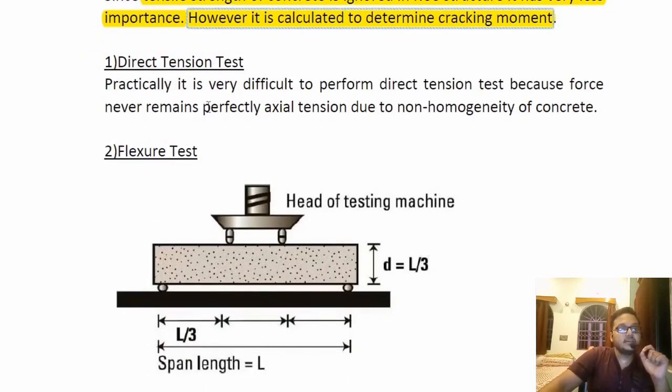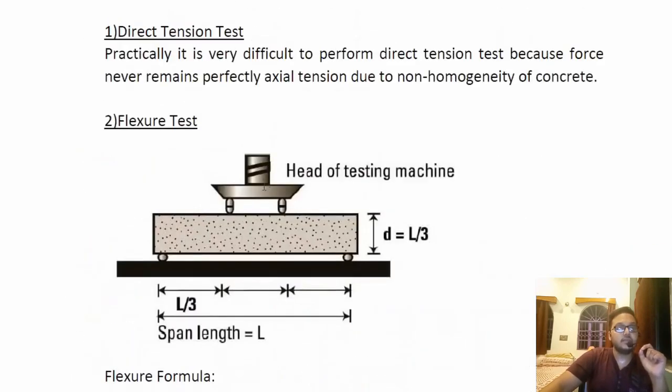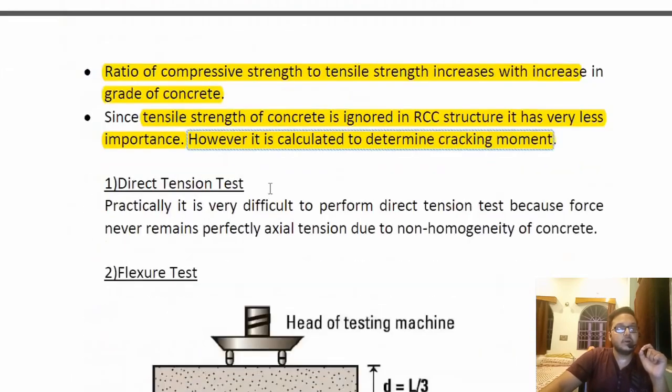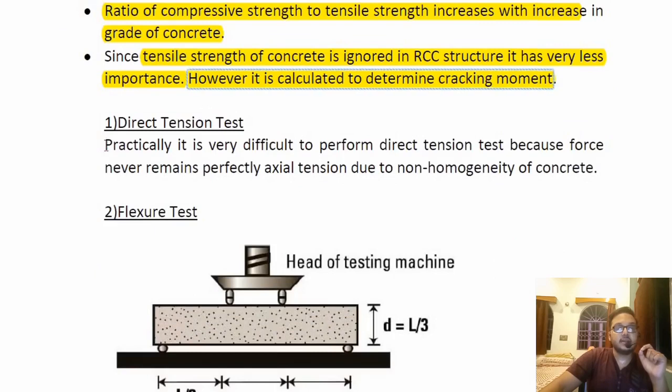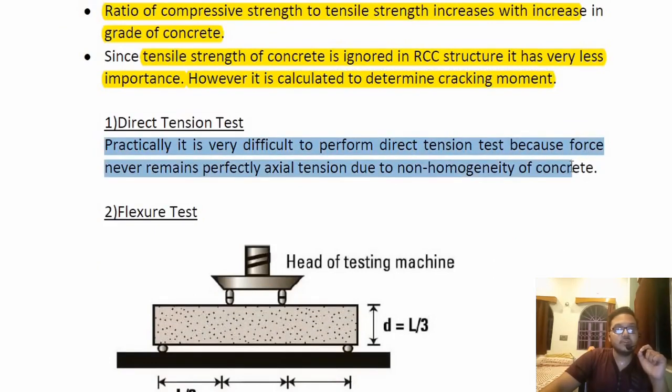The direct tension test and flexure test are two types of tests used to determine the tension of concrete. Direct tension test is a practical application, and it is done mostly in the field, but practically it is very difficult to perform direct tension because the force never remains perfectly axial due to non-homogeneity of the concrete.